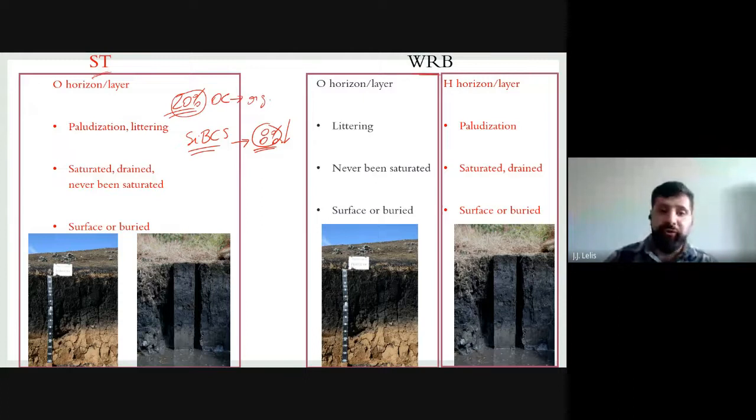First, it's because of weather, as you said. We have higher temperatures, and higher temperatures induce decomposition of organic matter.